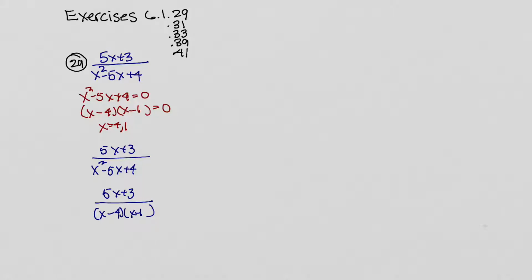From the denominator I can see that we need to exclude 4 and 1. So the question asks us to identify the values that make this undefined, and the values are 4 and 1.